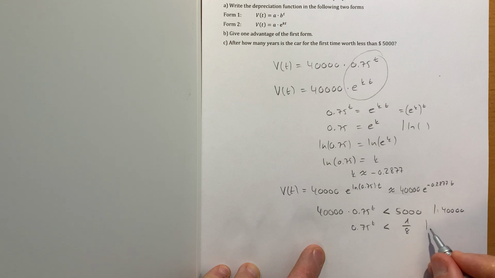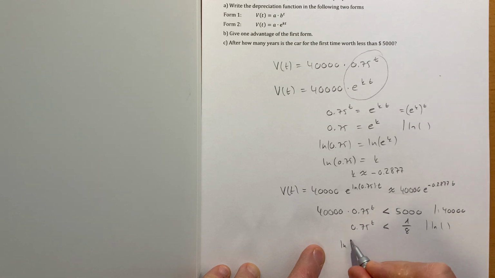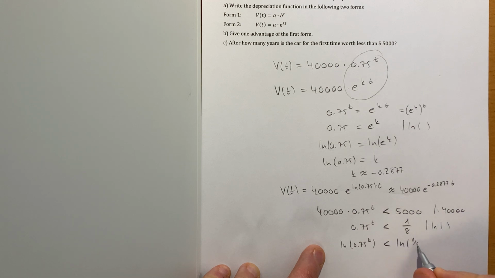Now you apply the ln on both sides. So ln 0.75 to the t is less than ln 1/8. You can take out the t: t ln 0.75 is less than ln 1/8.